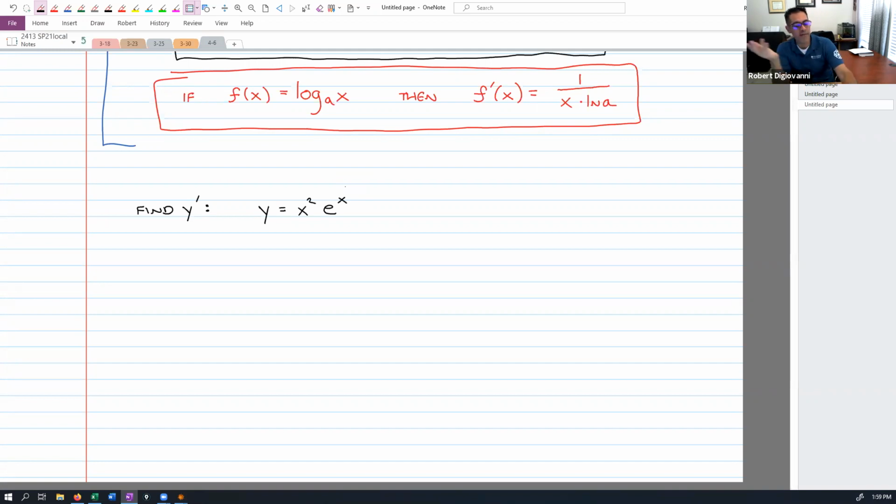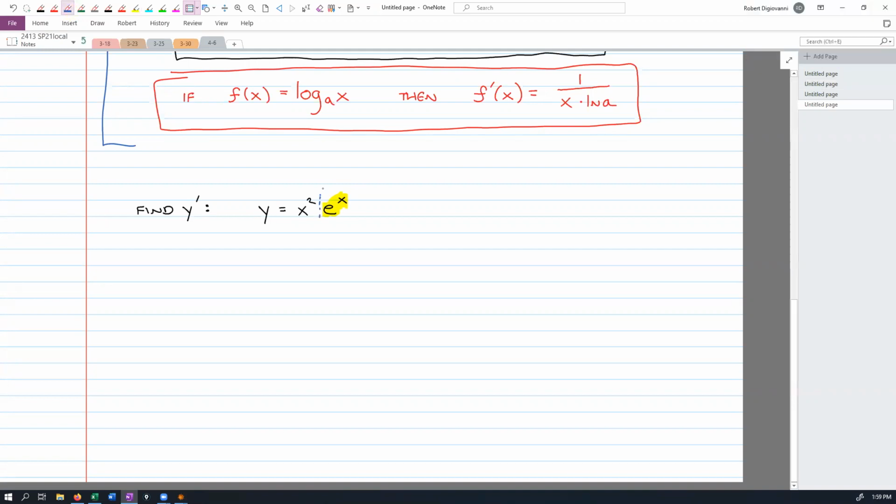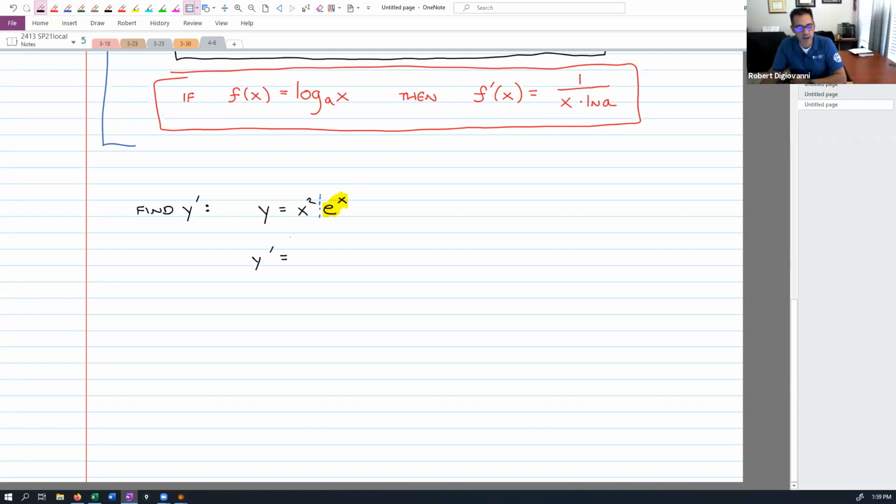So we have the new player, right? This is the new kid in town right here, e to the x. Everything else is the stuff we already know. So what do we see happening between those two functions? Product rule, right? So we have to do the product rule. If I want the derivative of this, I've got to take the derivative of the first one, which would be 2x, times e to the x.